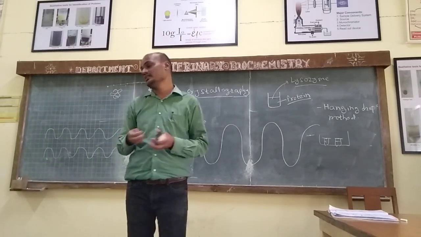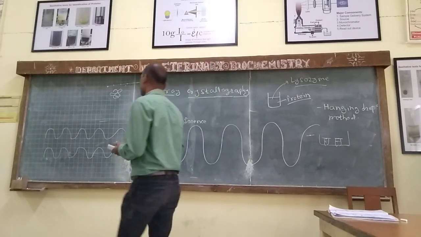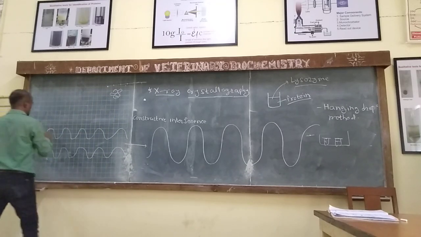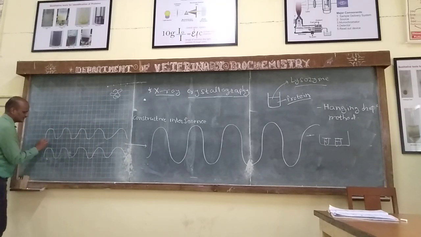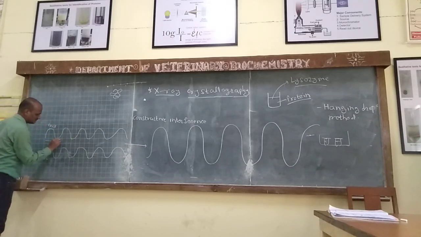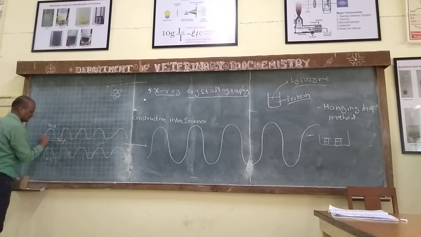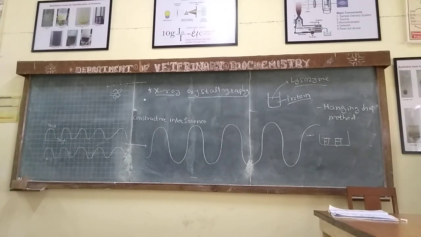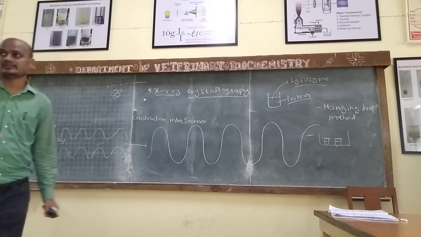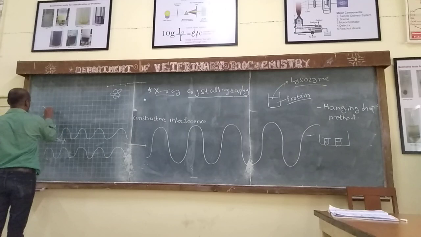Solid atomic structure. So X-ray has a wavelength. X-ray is basically made up of waves. This is our light. This is a crest, and this is a trough, and crest plus trough make up one wavelength. The wavelength we denote as lambda.